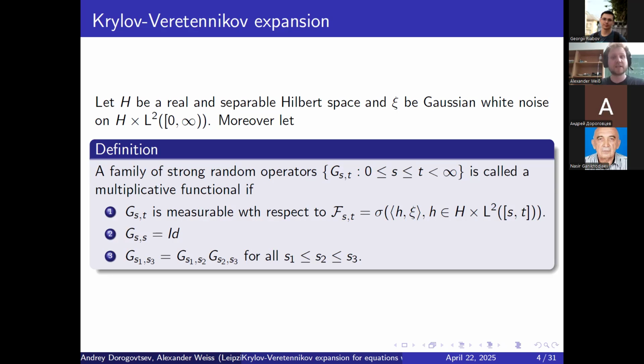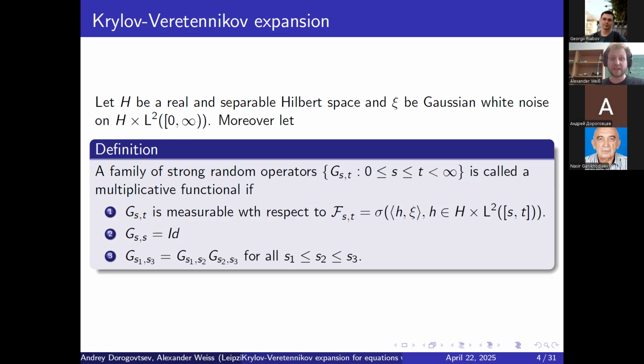For this, let me quickly give some definitions so you will understand the final result. H should be a real separable Hilbert space, and Xi should be Gaussian white noise on H times L2 from 0 to infinity.